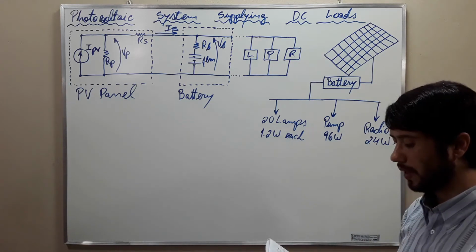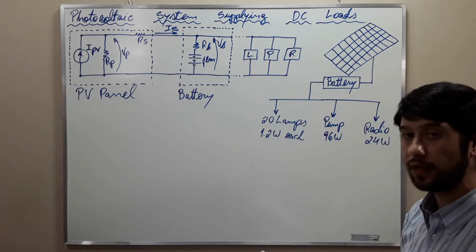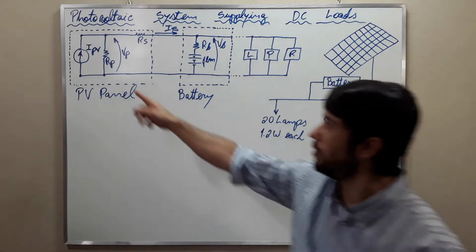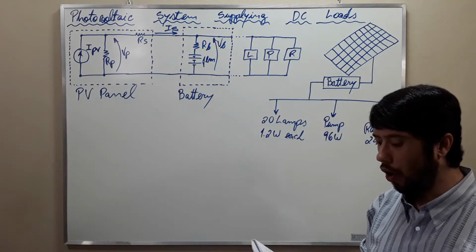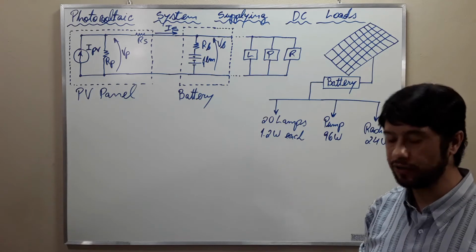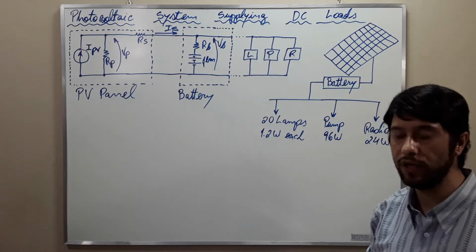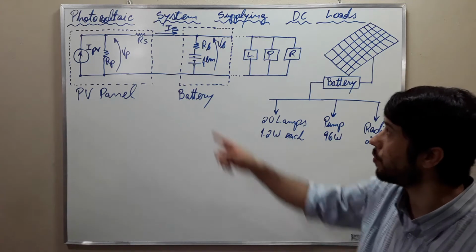Letter B. Calculate the current generated by the photovoltaic panel IPV when all loads are connected. And letter C. Under the same conditions, calculate the current supplied by the battery.